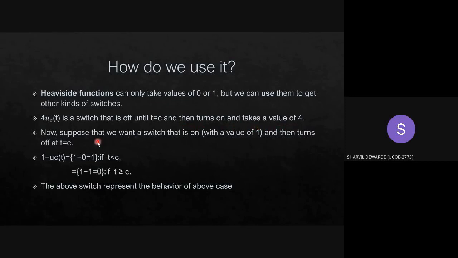Suppose we want a switch that is on and then off at t is equal to c. We can use the switch 1 minus u_c of t, the unit function of t, which has a value of 1 when t is less than c and has a value of 0 when t is greater than or equal to c.